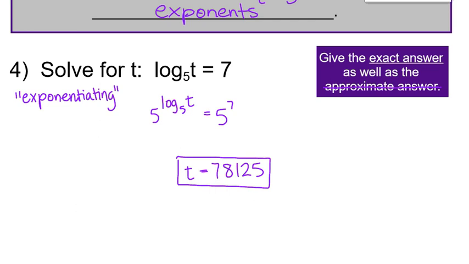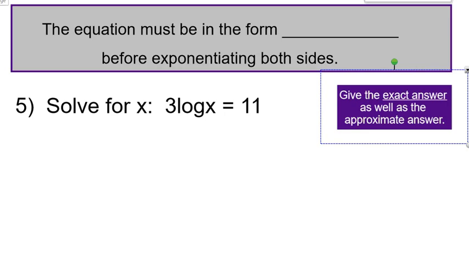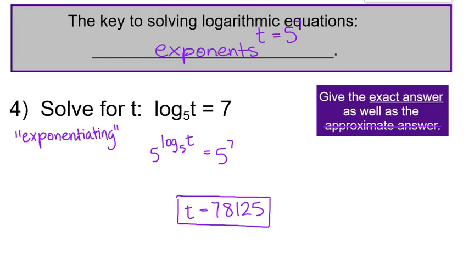Okay, let's take a look at number 5. Just like we saw with the exponential equations, there's a particular form that your logarithmic equation must be in before you can exponentiate. If we look back at problem number 4, you'll notice that I had a log of something equals a number.